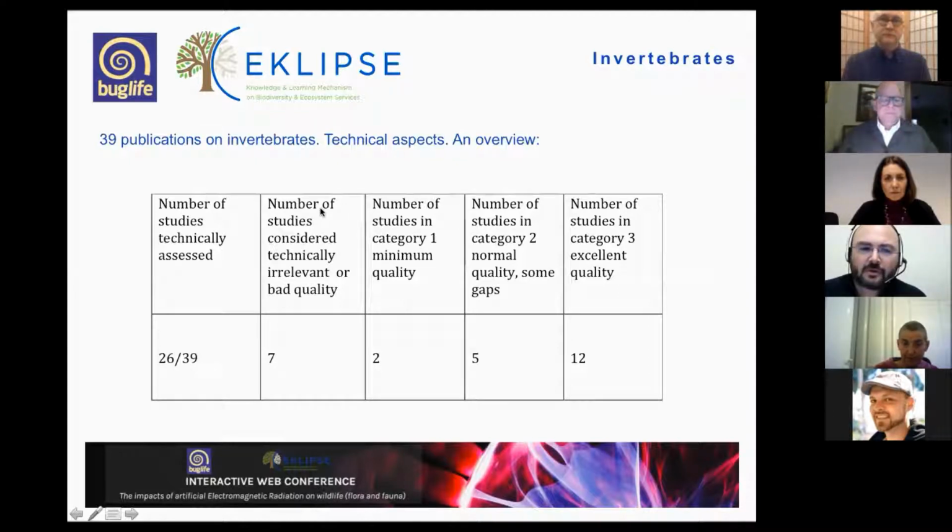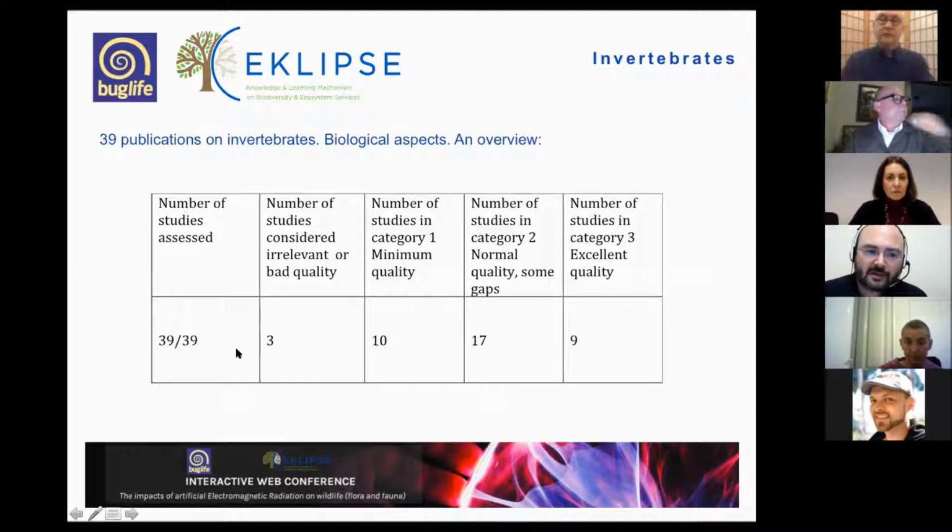And they scored 7 out of those 26 as very bad quality or technically irrelevant. 2 were of minimum quality as far as the technical aspects go, and 5 were of normal quality, and 12 were deemed excellent by the 2 experts. This is only on the level of the EMR, on how the radiation was actually presented and how the exposure was done from a technical point of view.